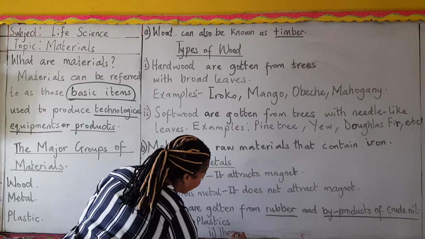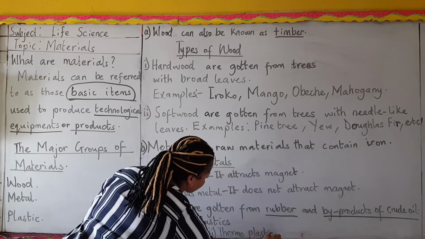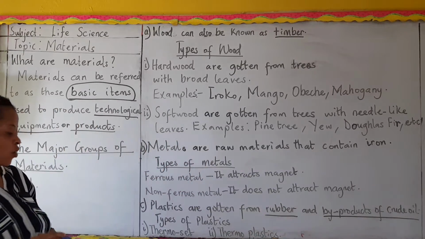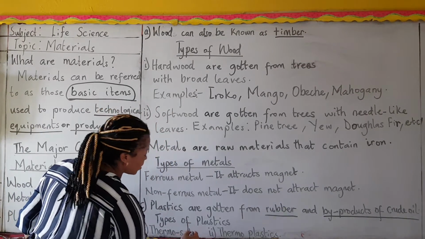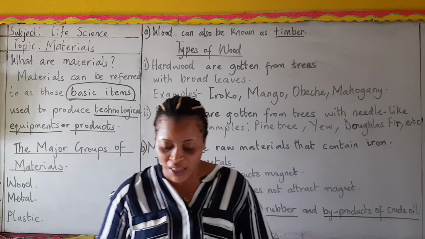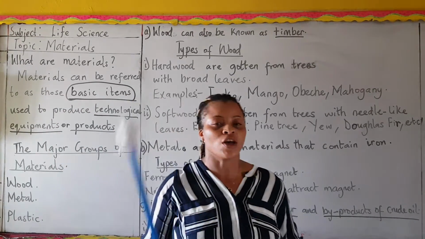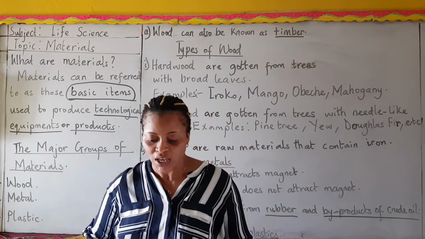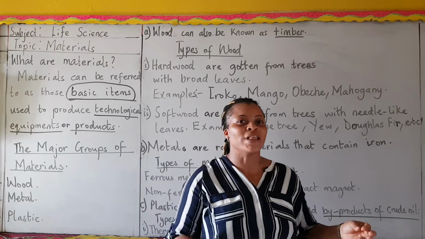I'm going to explain these two so that you can know their differences. Good. We have the one we call thermoplastics, and we have the one we call thermosets. Okay, so the thermoplastics are the plastics that when you heat it up, it becomes soft. Do you understand? Good. They become soft and they begin to melt and flow like liquid.